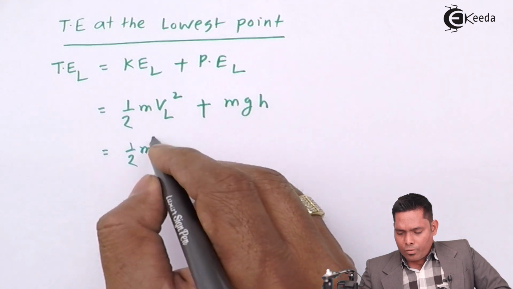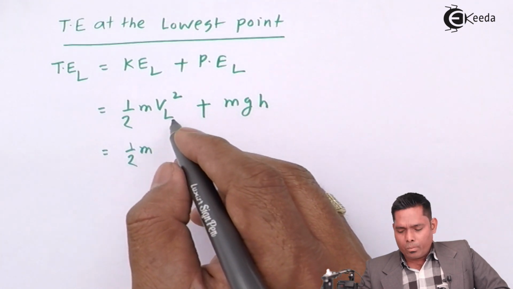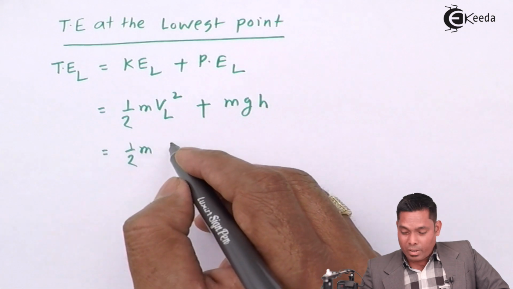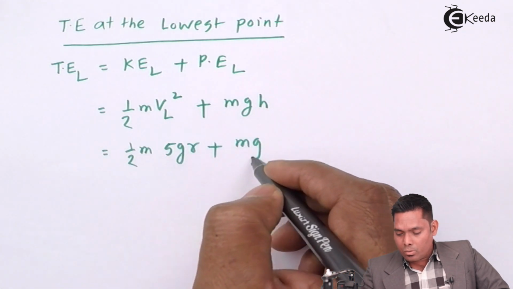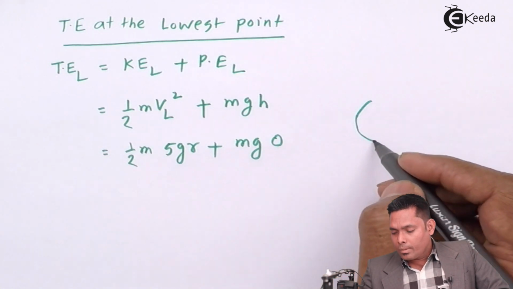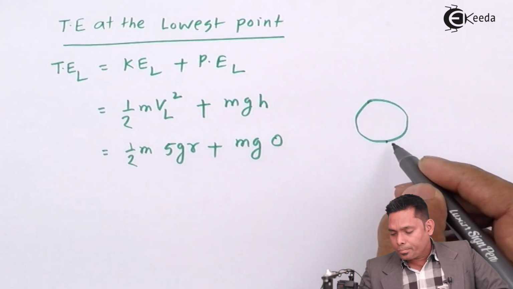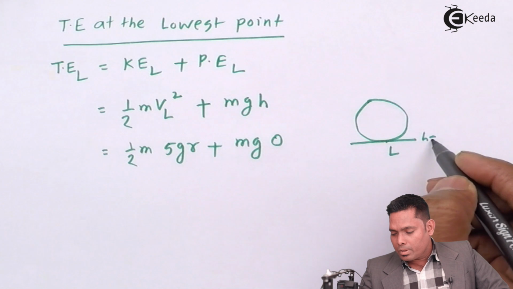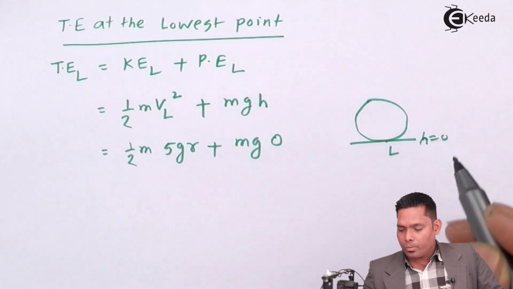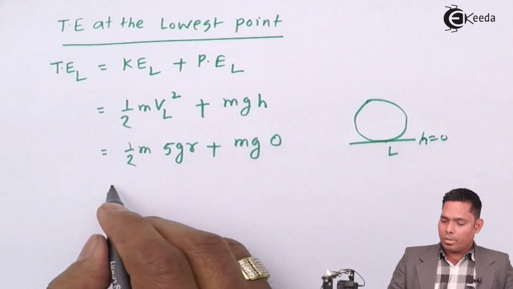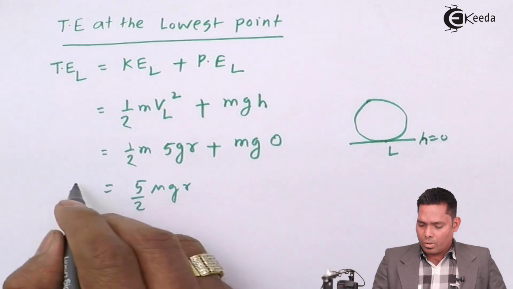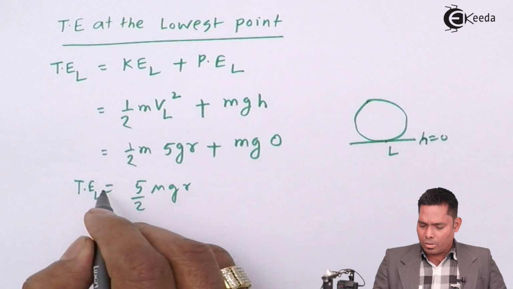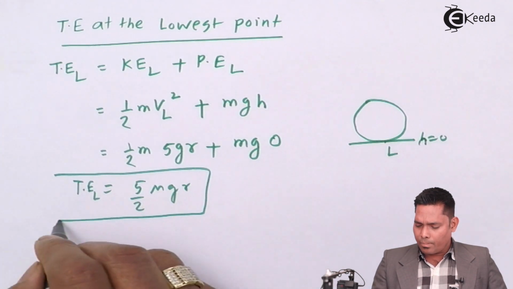VL at the lowest point, we know, is under root of 5gr. Squaring it gives 5gr, plus mg into 0, because at the lowest point the height is 0. So it is 5 by 2 mgr. So be it any position, the total energy will remain the same.